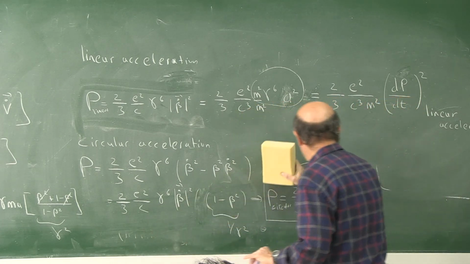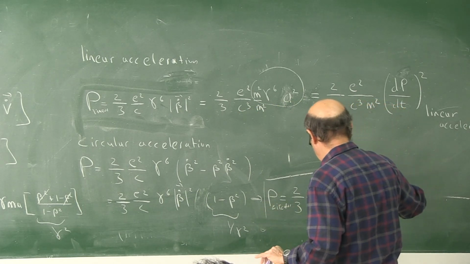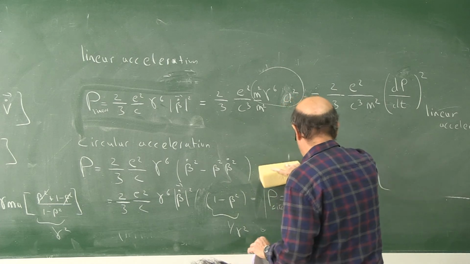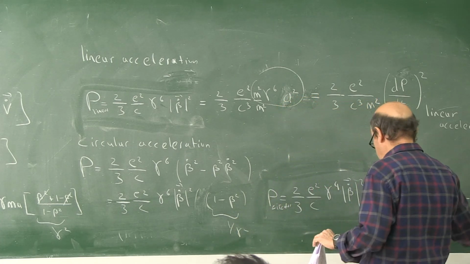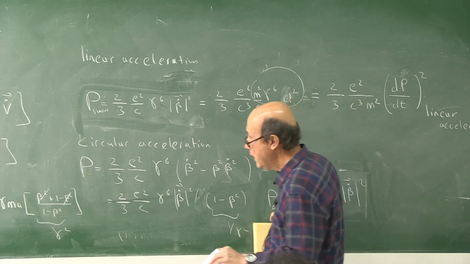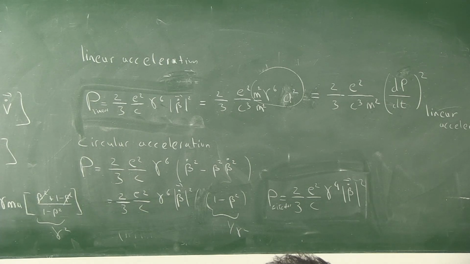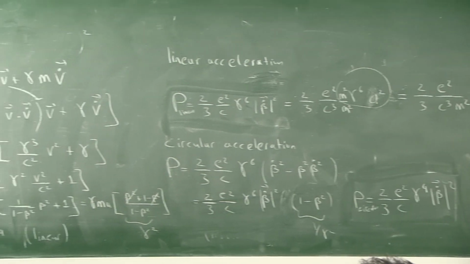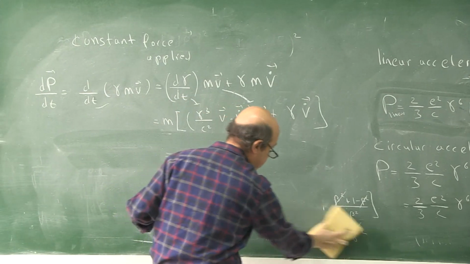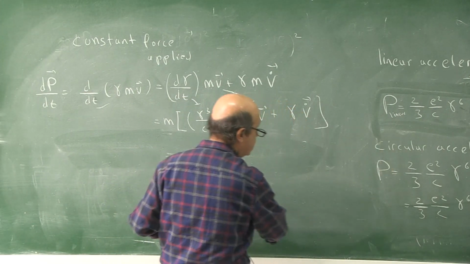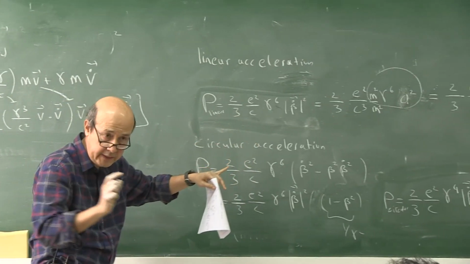The total power for the circular acceleration is this. I am erasing the study for the linear case. I concluded that this is the total emitted power if we apply a force linearly.